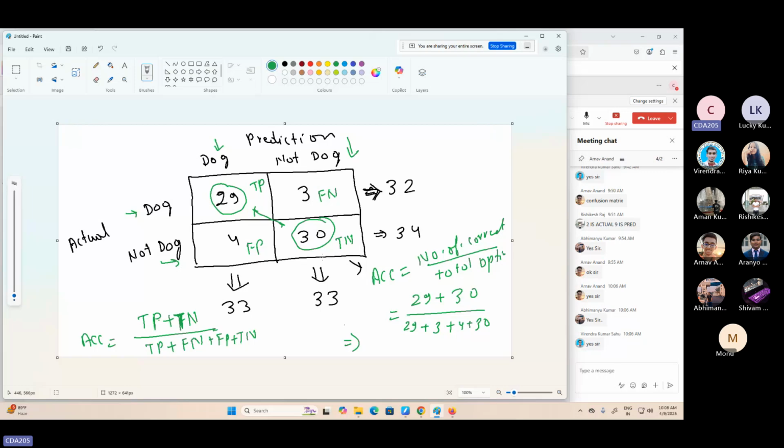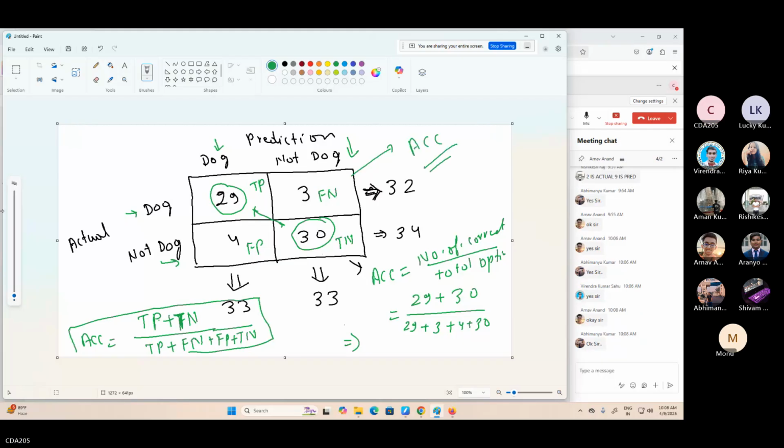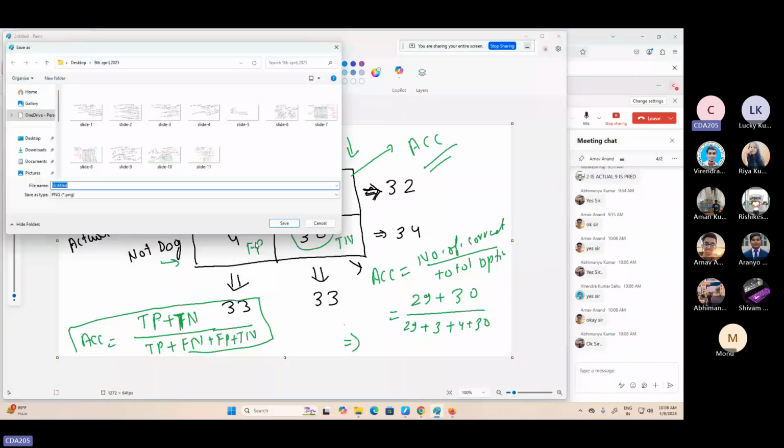This is the formula for the accuracy. So we have seen how from the confusion matrix we have derived the formula for the accuracy. If I give you the confusion matrix, can you calculate the accuracy? You can calculate it easily. Now we can see another one, that is the multi-class.